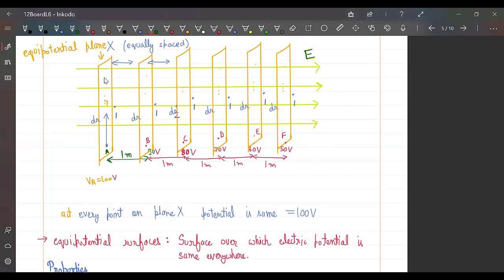So every point on this plane will have the potential of 100 volt. Similarly, every point on this plane will have a potential of 90 volt. For uniform electric field, the equipotential planes are parallel to each other and perpendicular to the electric field.